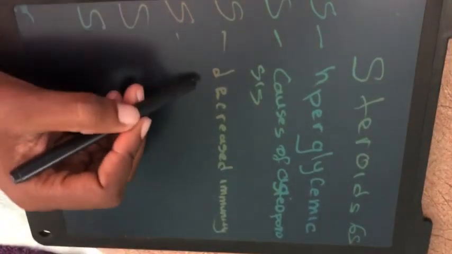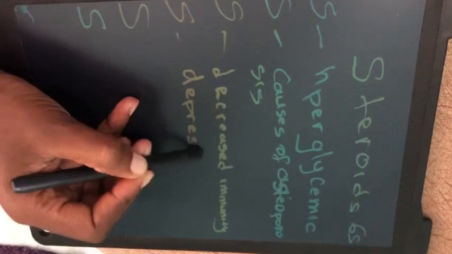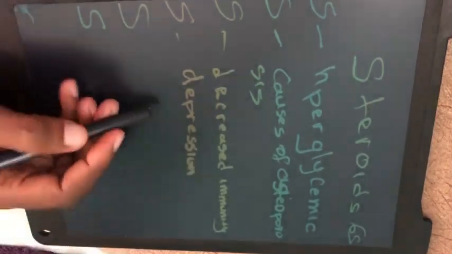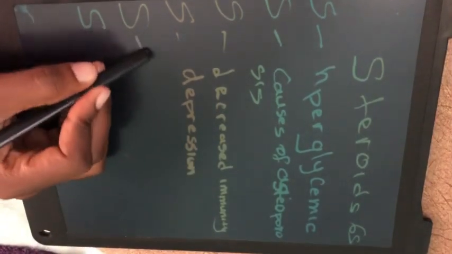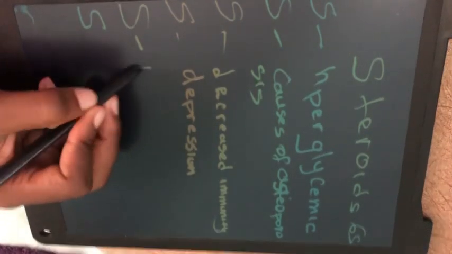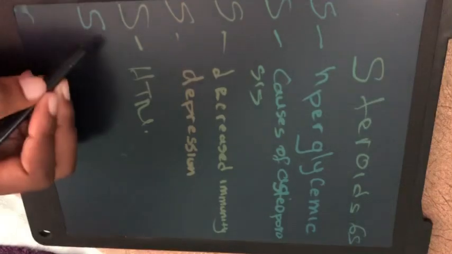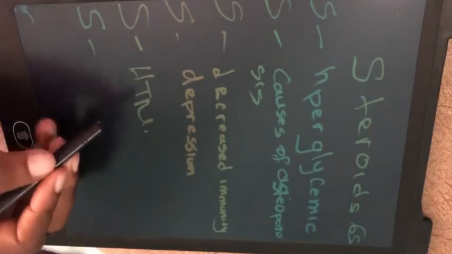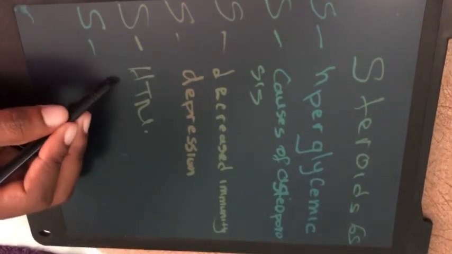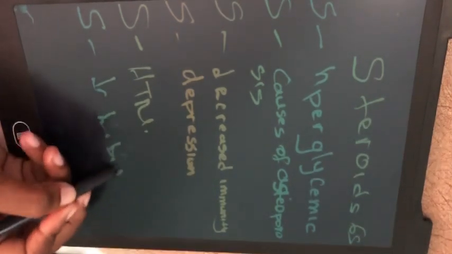And then sad means depression. And then salt means water and salt retention, which means the patient has HTN. So you treat that. And the last S is decreased libido.